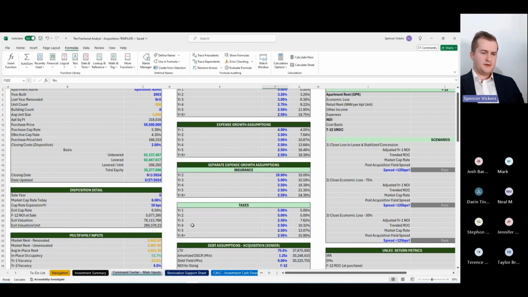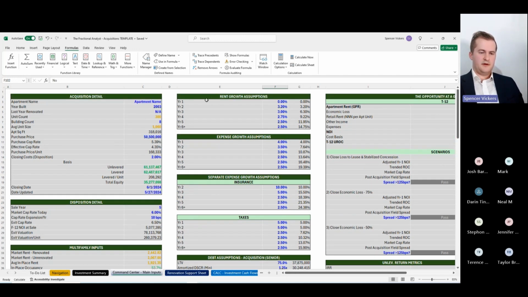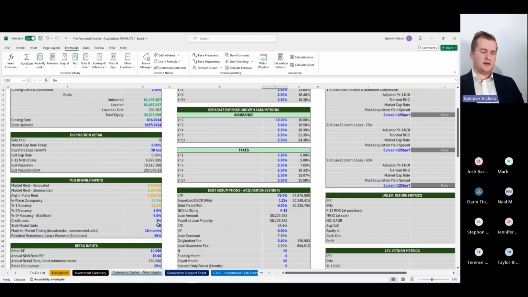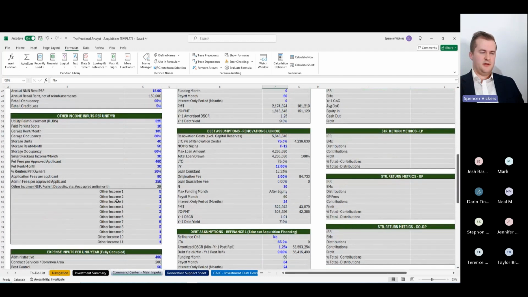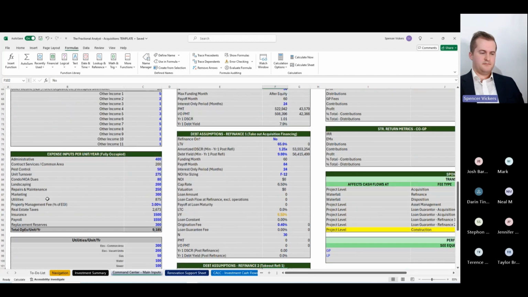I like to use CoStar or RealPage or CBRE Econometrics, which are all good resources for rent growth or expense growth or some of these other separate growth assumptions.